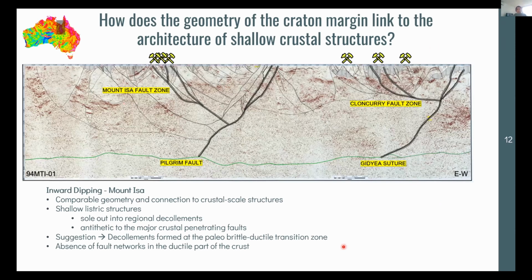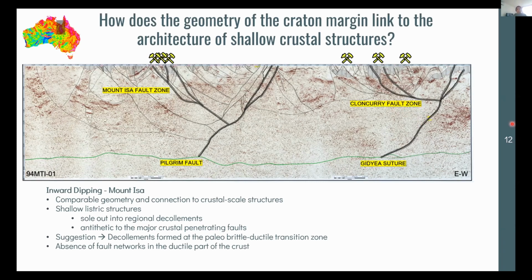As you can see here, these are two major structures, Pilgrim Fault and the Gidya suture, and in the upper crust they seem to have a comparable pattern. The Gidya suture can, for example, connect to the Cloncurry fault zone, and Pilgrim Fault connects to the Mount Isa fault zone in a listric fashion, and they have different dip directions.